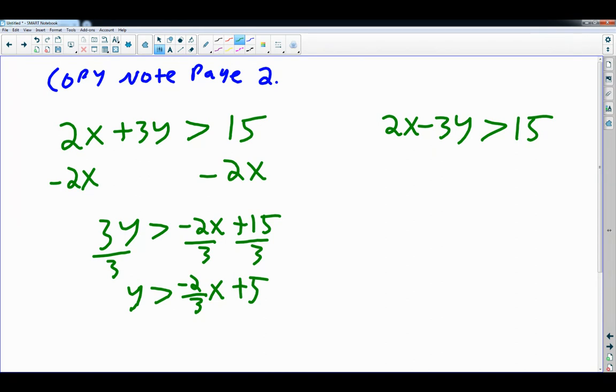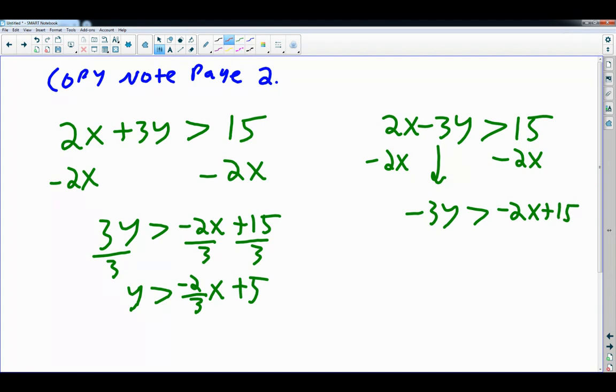The second one, first step is still the same. We're going to minus 2x from both sides. Make sure you drop down the negative 3y. That's why I drew the arrow there, just to make sure you're alert that we're dropping the minus sign with the 3. Greater than 2x plus 15.